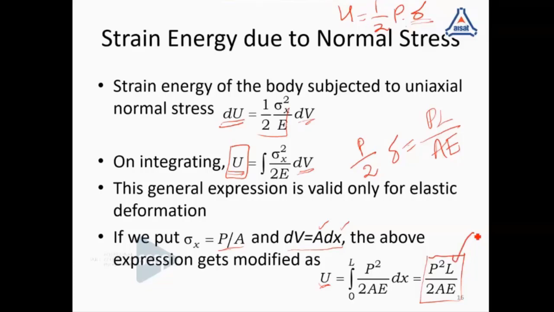So strain energy is represented as half of the applied normal force into deflection. It is in the case of normal stress when a load is applied along the axial direction.